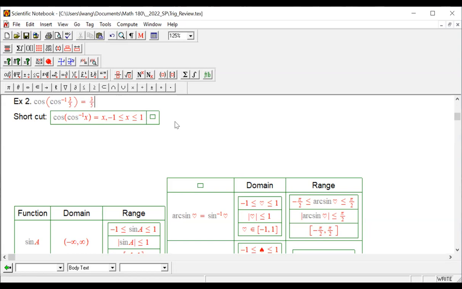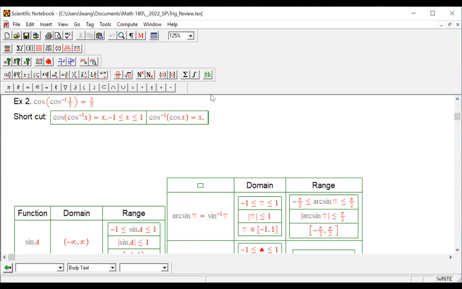It's very straightforward. And the other shortcut, since we talked about this, is arc cosine of cosine x equals x, where x is an angle, because the property of x is determined solely by the function that immediately applies to it.